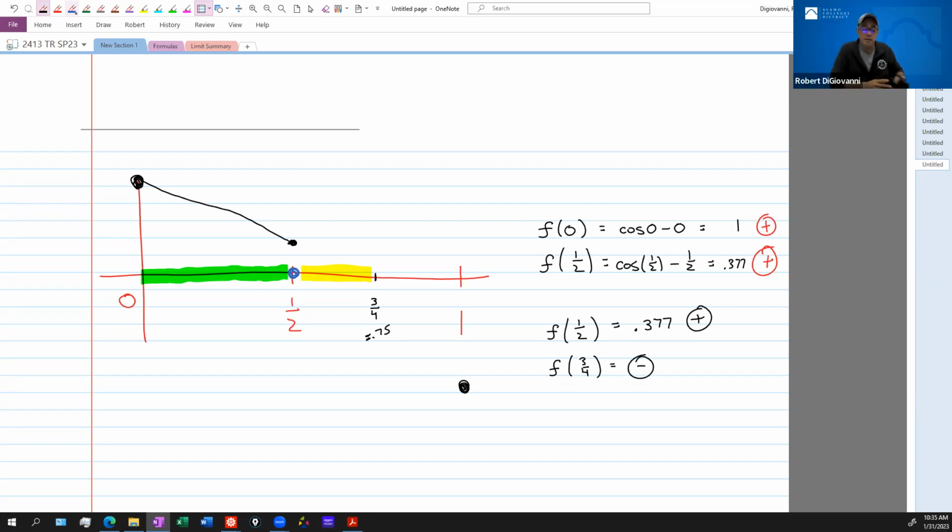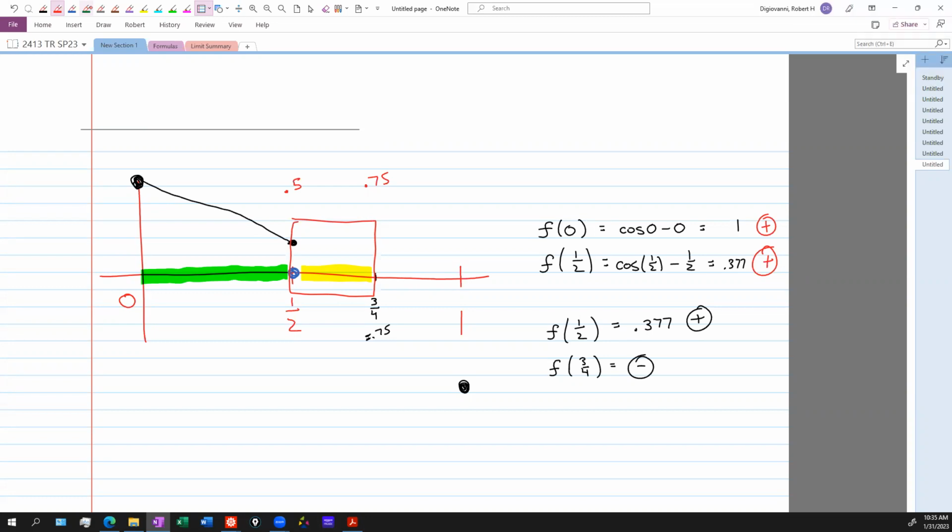And what does that mean? You hit the x-axis already? Somewhere in there, right? So look, hey everyone, we've now narrowed it down to this window. It's somewhere between 0.5 and 0.75. So what should I do now? Half it again and check again.